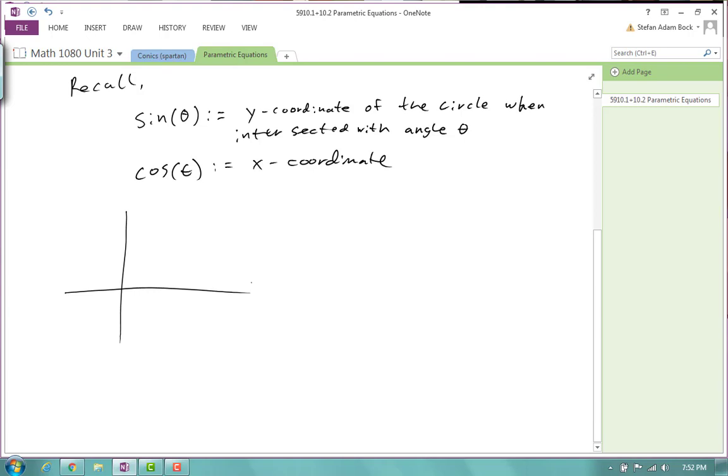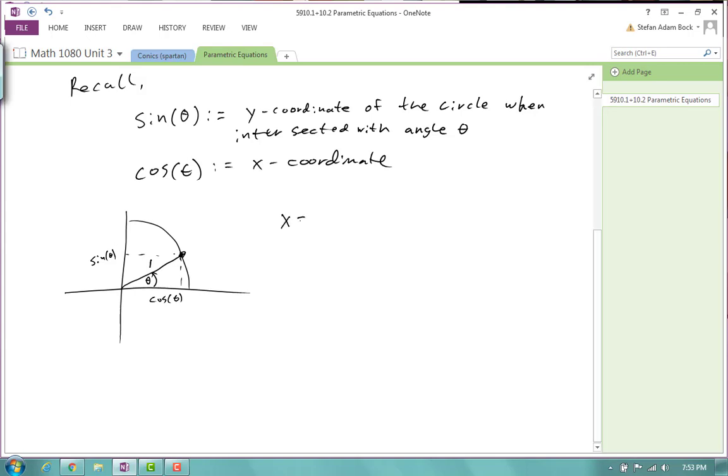So if I have a circle of radius 1, and I have an angle theta describing this line here, then what do I have? Well, on the unit circle, the x-coordinate is cosine of theta, and the y-coordinate is sine of theta. So technically, what I already have is a way to describe the circle using parametric equations.